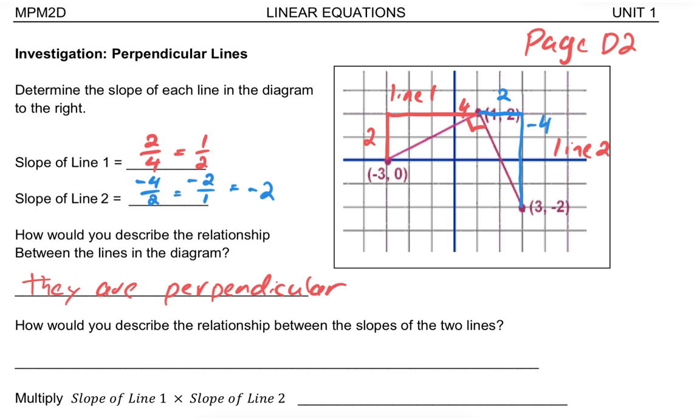How would you describe the relationship between the slopes of the two lines? Let's look specifically at these two forms right here, 1/2 and -2/1. How are these two fractions related to each other? Well, they have the same numbers in them, 2 and 1. One is positive and one is negative, but the fractions are flipped over. So we call these negative reciprocals.